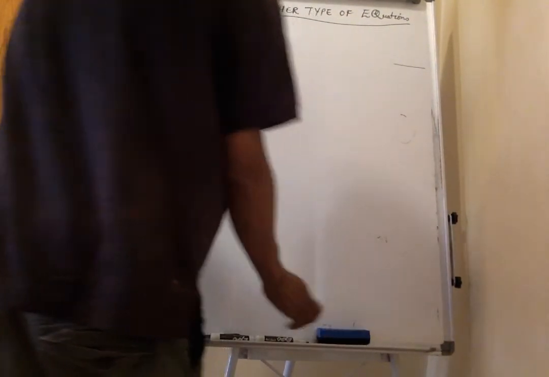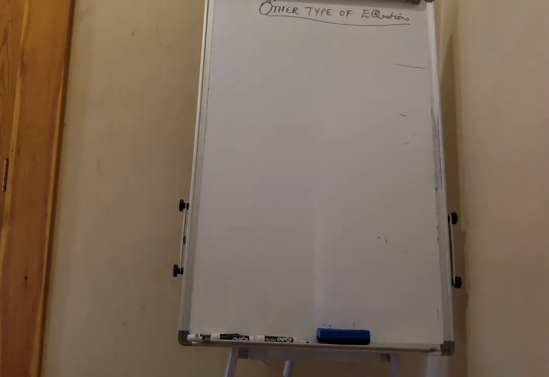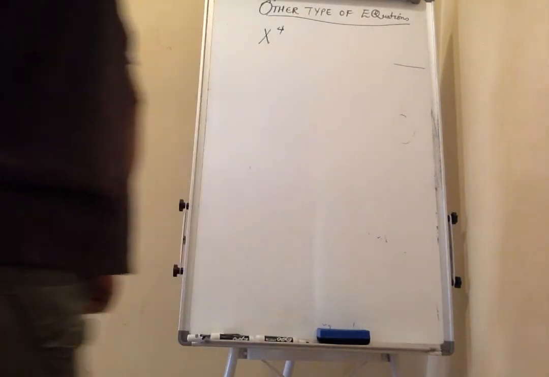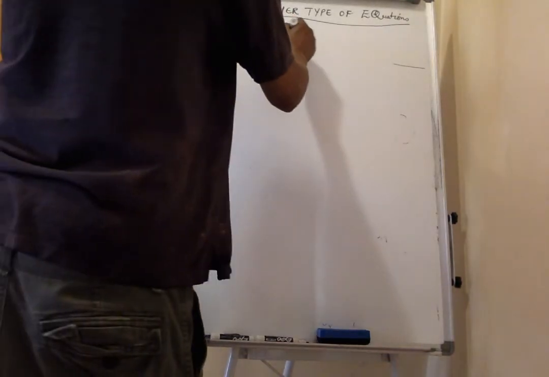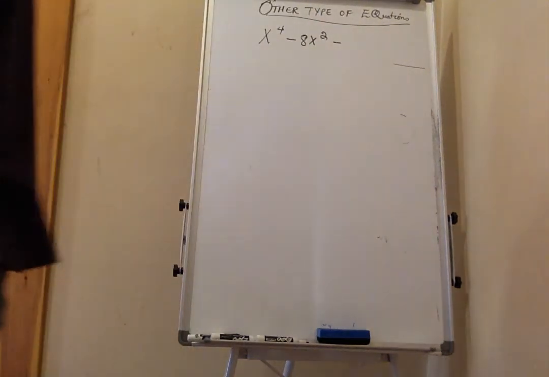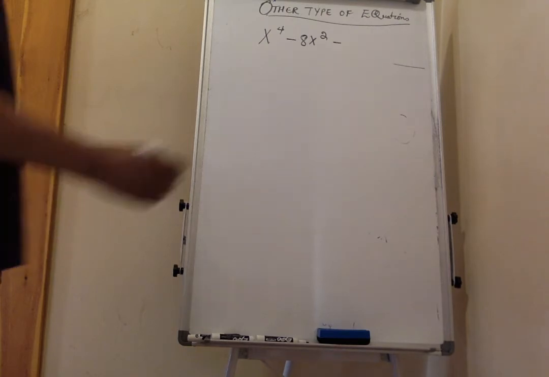Let me do one more. Suppose you have x to the 4th minus 8x squared minus 9 is equal to 0.